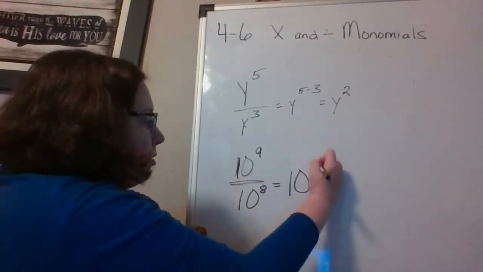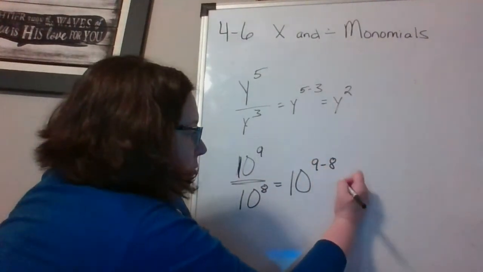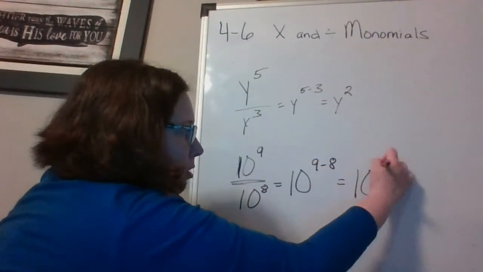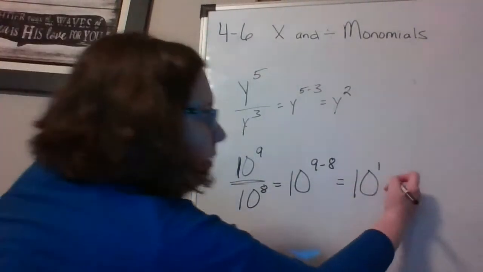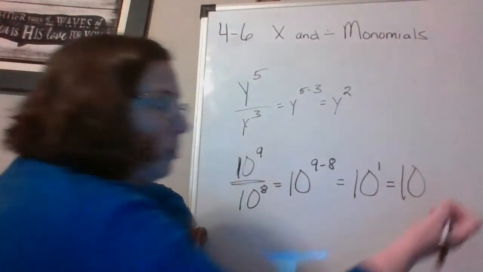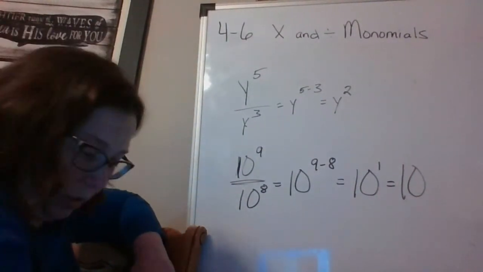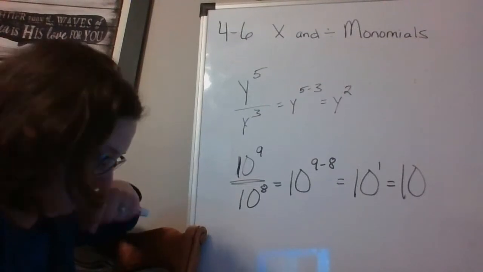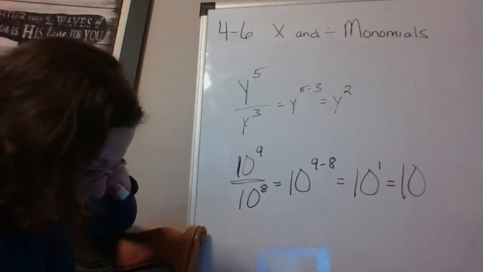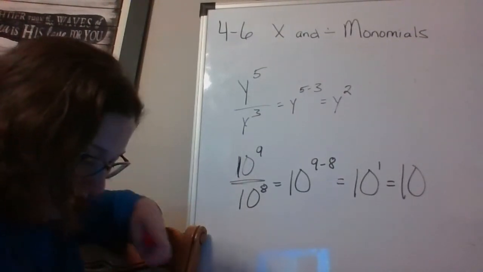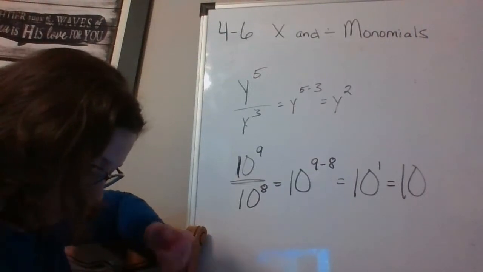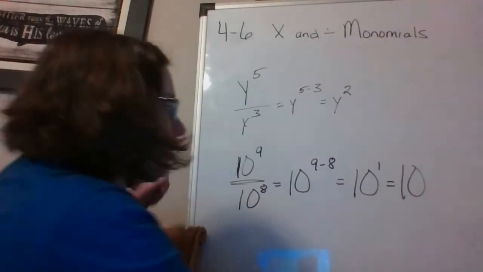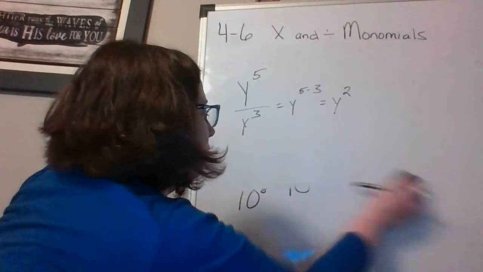So if we do this math using the rule, we can see that we get 10. So your answer here would be 10 times faster, which is pretty impressive. All right, so when you look down at check for understanding, I'm going to do a few more of these.